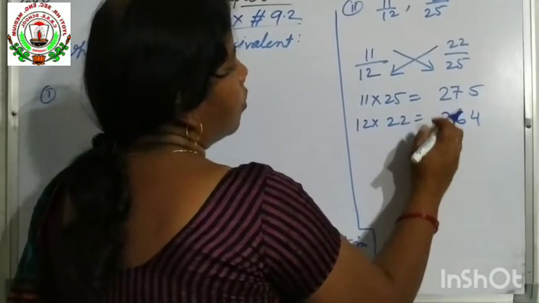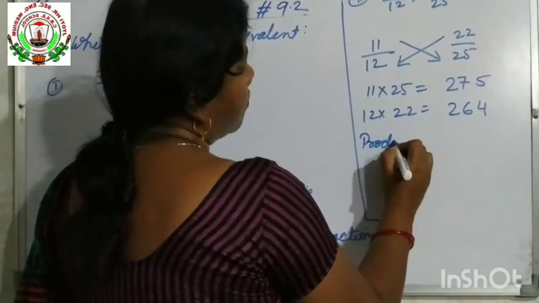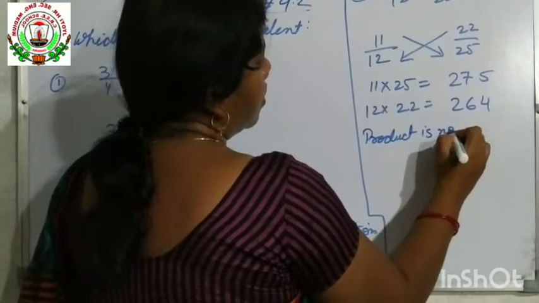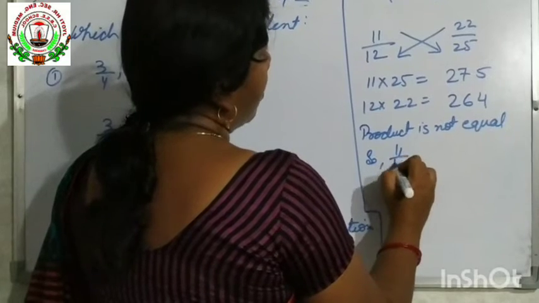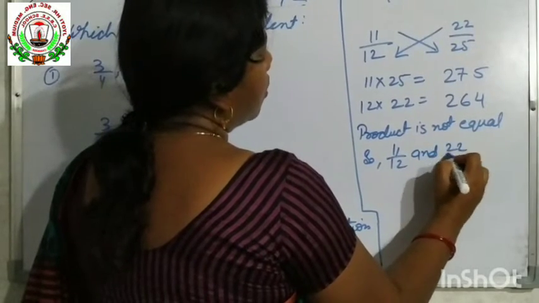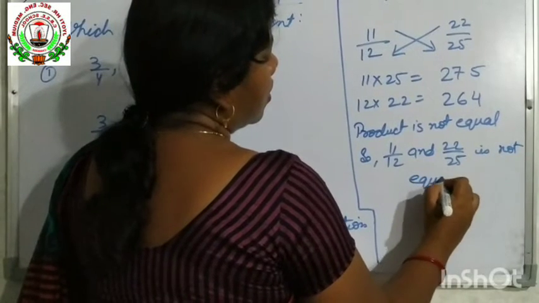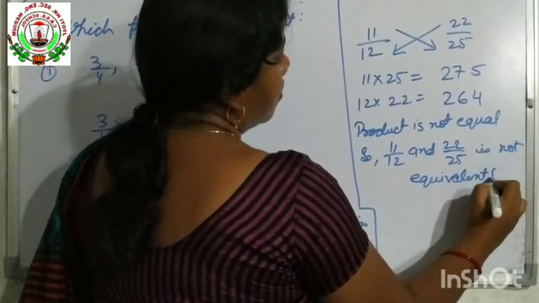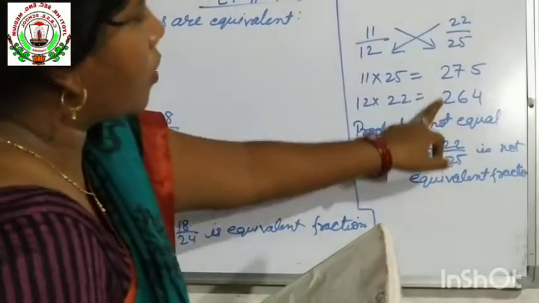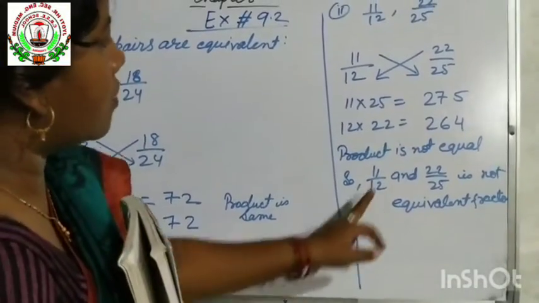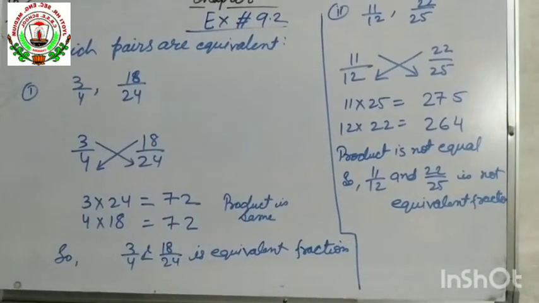Now look here, both products are different, not equal. So 11 by 12 and 22 by 25 are not equivalent fractions. Understood, children? When we get the same product, then you will write equivalent fraction. When both products are not the same, then you will write it is not an equivalent fraction.